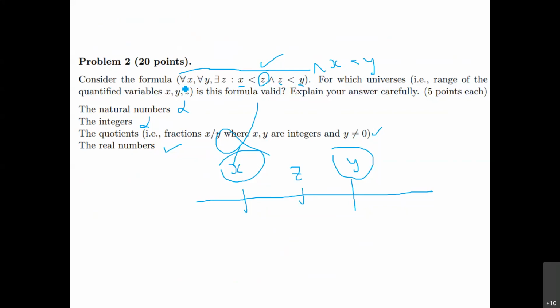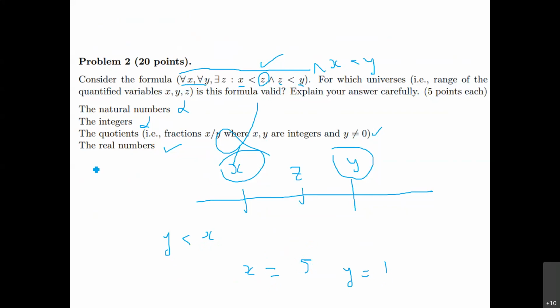So would it work for any x or any y? No, just always choose that y is less than x and it'll never work. Say x is 5 and y is 1. Then it'll never work.